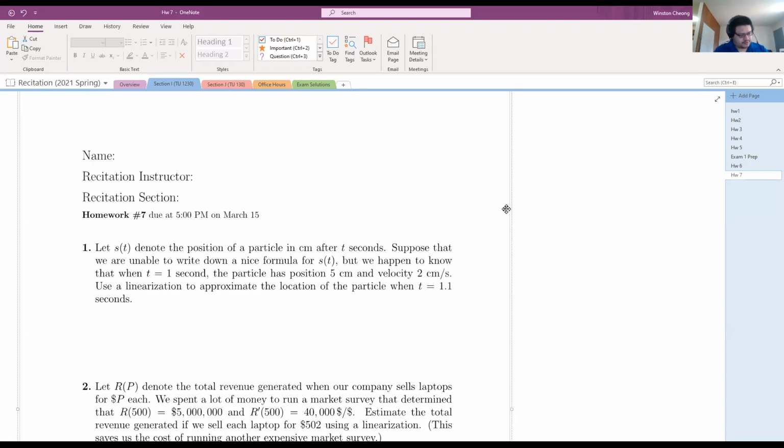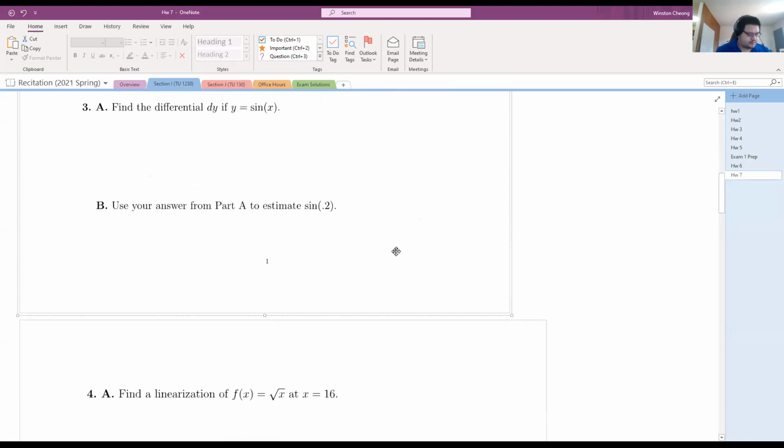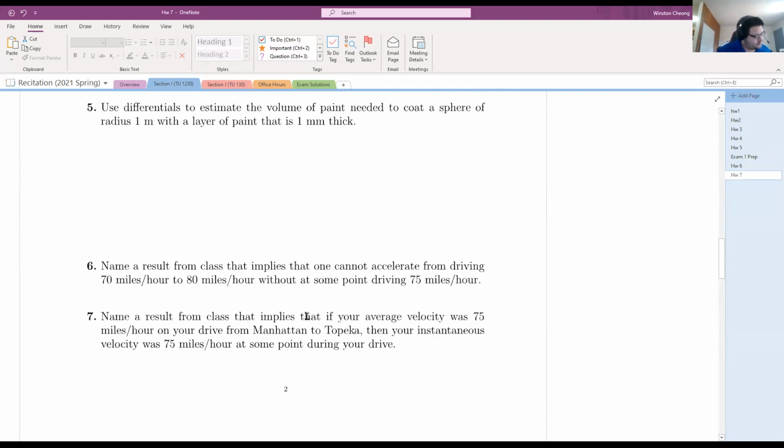So the first 2 pages cover firstly the idea of linearization and a little bit involving differentials. And then the last 2 problems are a little funny, but it's basically name the appropriate theorem.